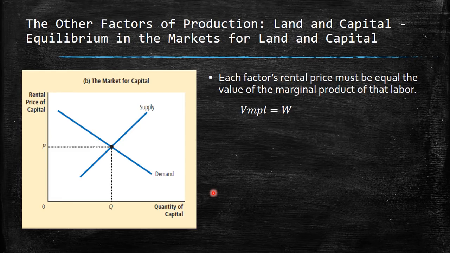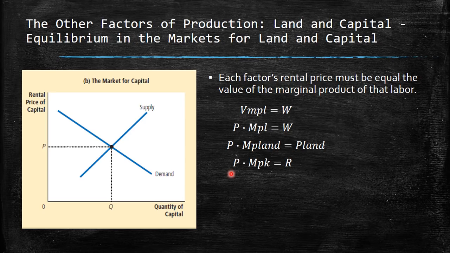Then recalling that the value of marginal product of labor should be exactly the same as the wage, the value of marginal product of labor is equal to the price times the marginal product of labor, equal to W. And then for the other factors, the price times the marginal product of land equals the price of land, and the price times the marginal product of capital equals R, which is the price of capital.